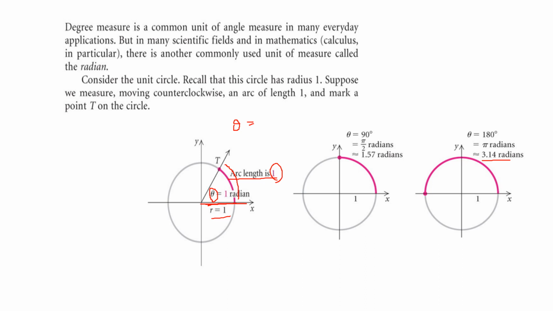So the complete circle has 2.68 radians, which is equal to 2 pi radians. So 2 pi is equal to 360 degrees. When you compare degree and radian measures, 2 pi is equal to 360 degrees.